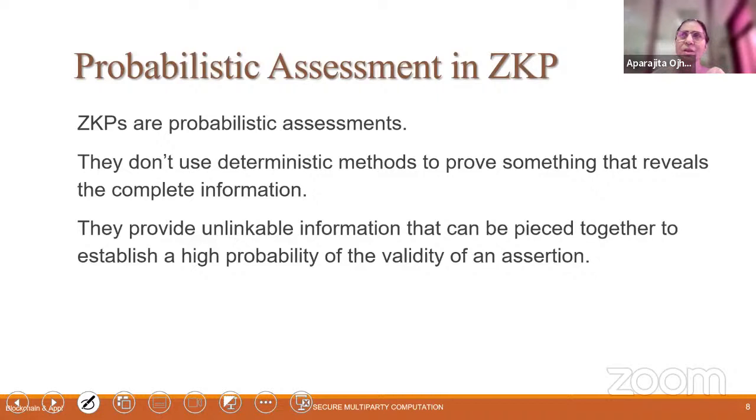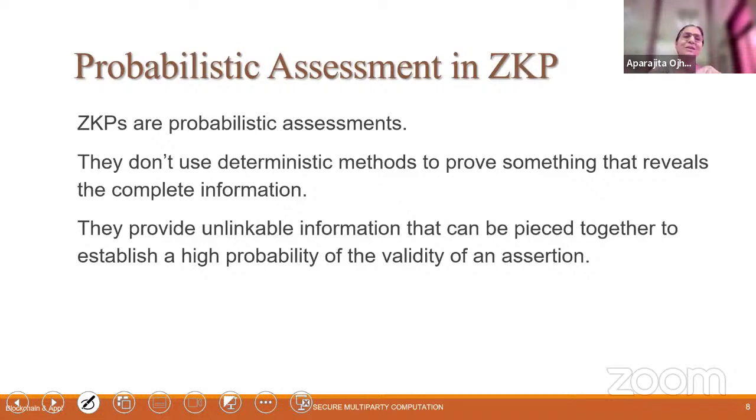So sometimes in the banks, when we go to our lockers, the manager has a key, we also have a key. Both of us give our inputs, use our keys to finally open the locker. So basically, it's a multi-party computation that is done to open the locker.